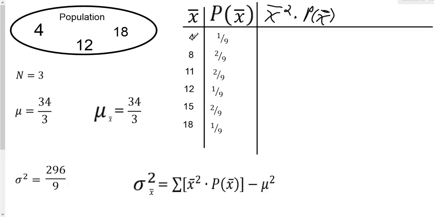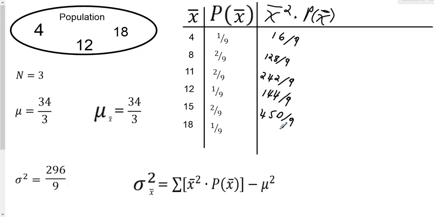All right, so 4 squared is 16. 16 times 1/9 is 16/9. 8 squared is 64. 64 times 2/9 is 128/9. 11 squared is 121. 121 times 2 is 242/9. 12 squared is 144. 144 times 1/9 is 144 ninths. 15 squared is 225. 225 times 2/9 is 450 ninths.